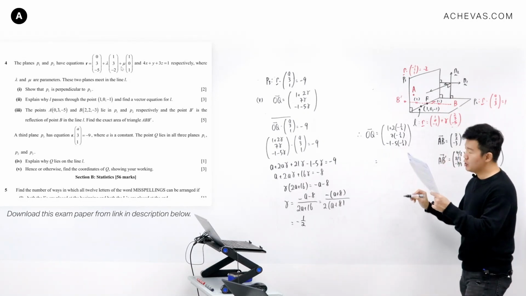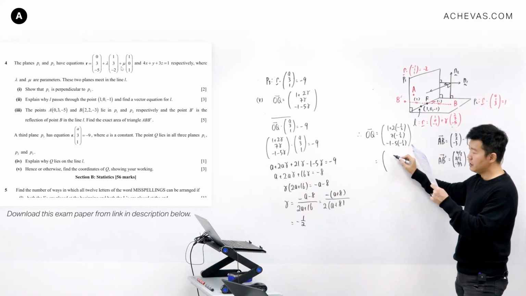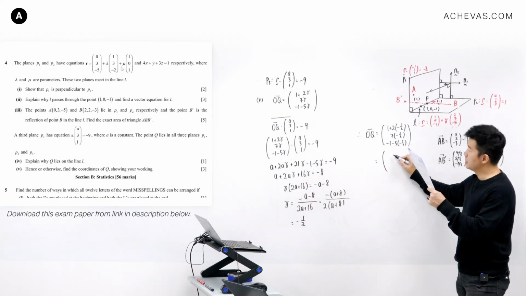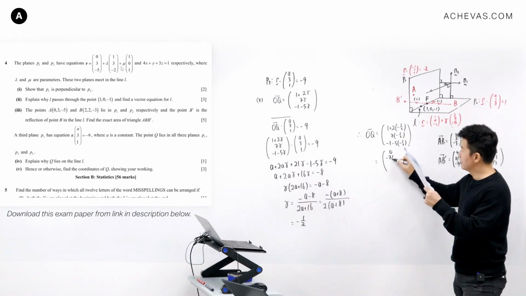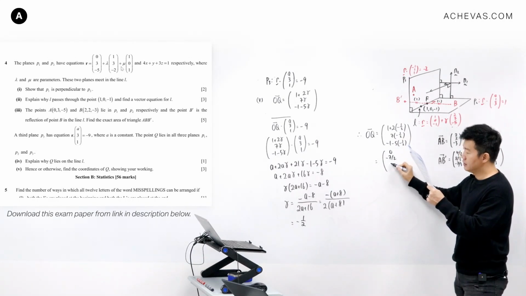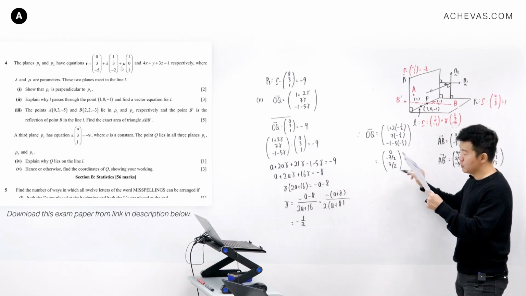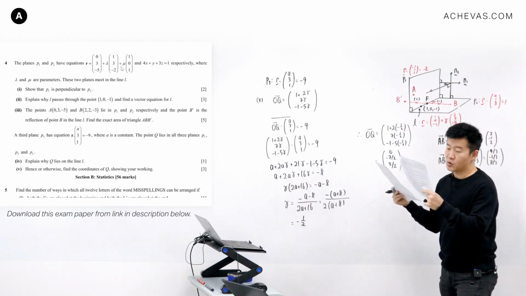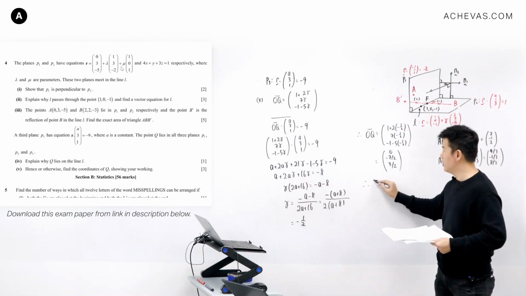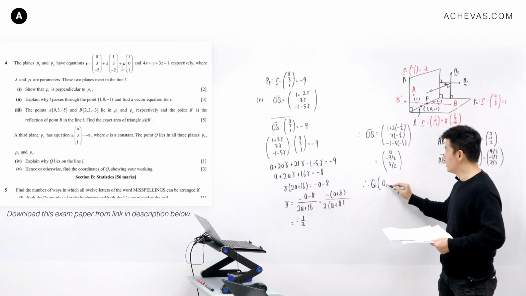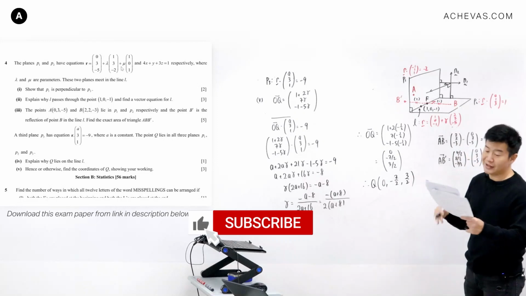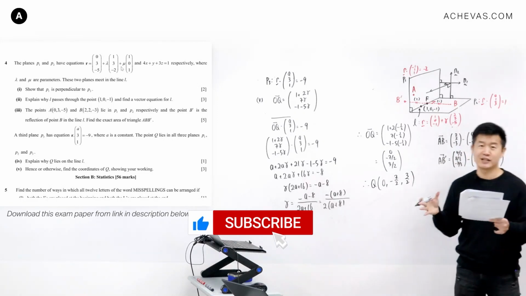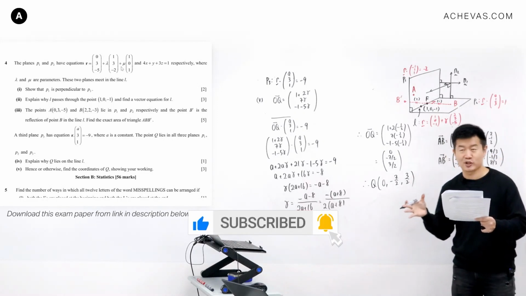So OQ here is going to be equal to (0, minus 7 over 2, 3 over 2). The question asks us for the coordinates of Q, so therefore Q will have coordinates of (0, minus 7 over 2, 3 over 2). And that helps us to end the last question in pure math for our section A.